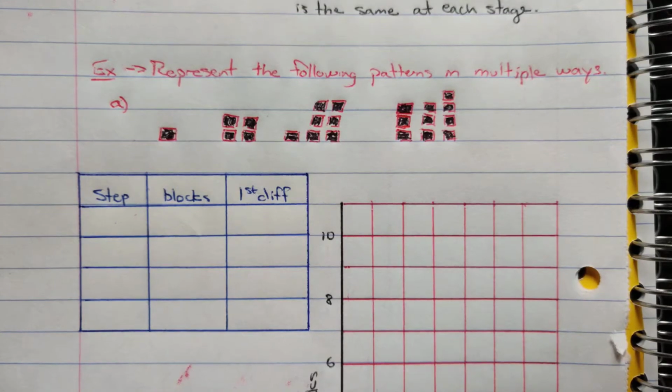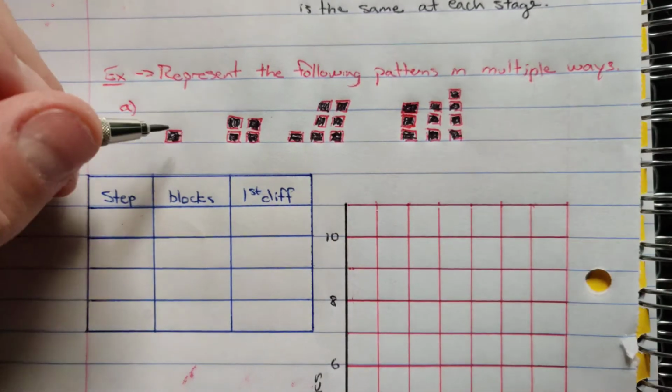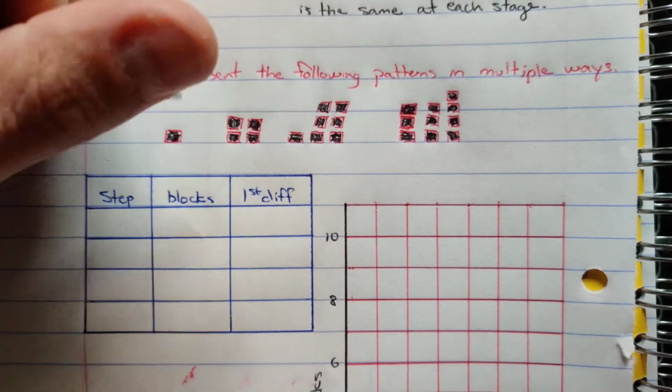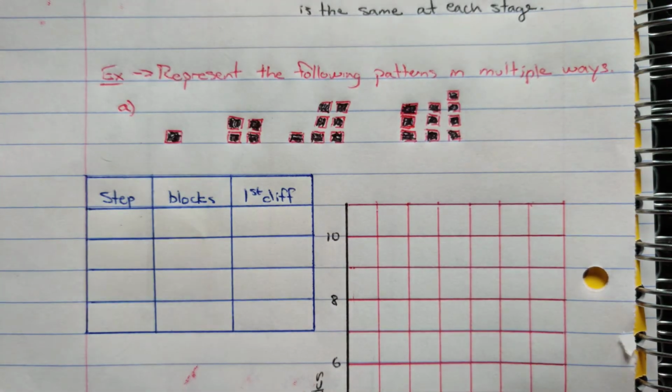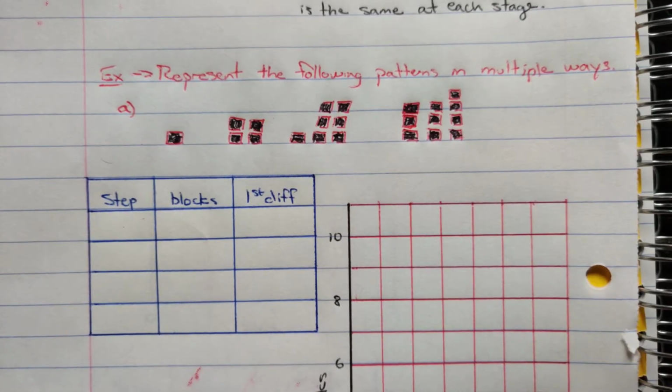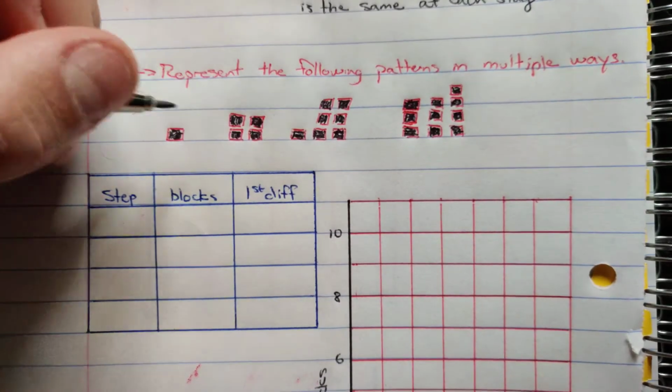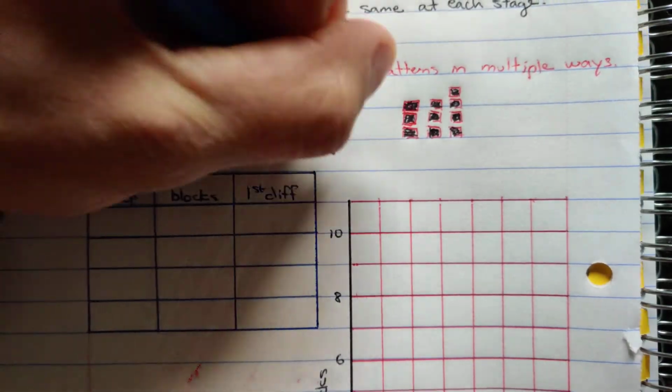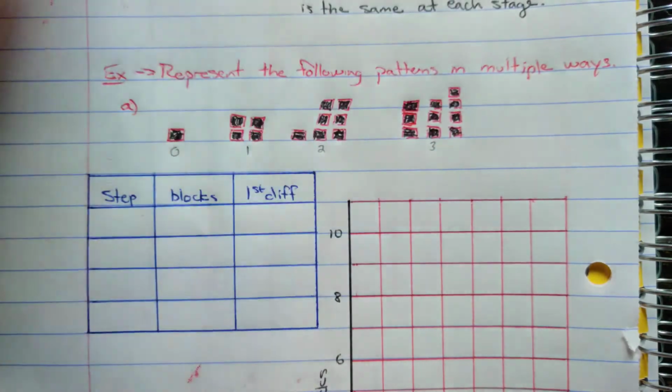I think the most common thought would be that this is step 1, 2, 3, and 4. But when we work with linear relations, we need our initial value, where we're starting. That's our 0 value, our step 0. So this is actually step 0, 1, 2, and 3.